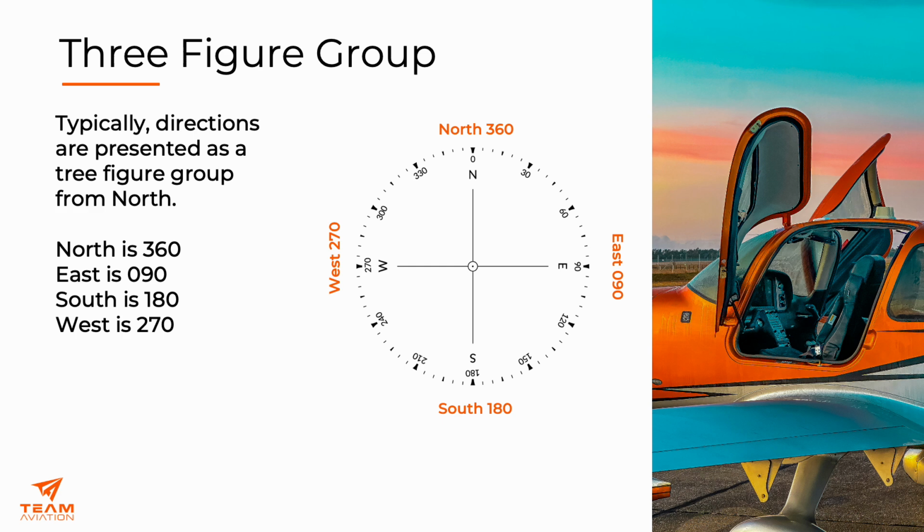North is 360 degrees, east is 090 degrees, south is 180 degrees, west is 270 degrees. So whenever you hear a pilot say a heading like 065 or 150, you'll know they are using the three-figure system to describe their exact direction. Simple and effective.